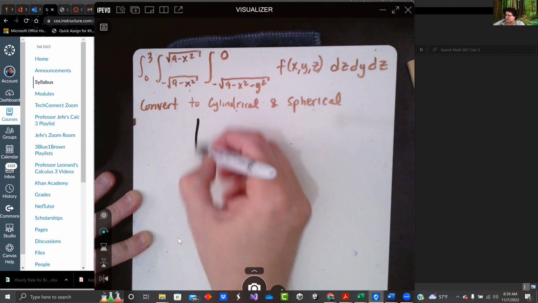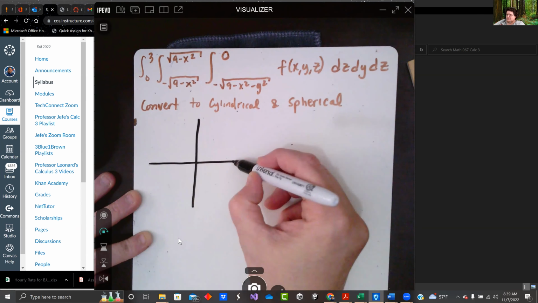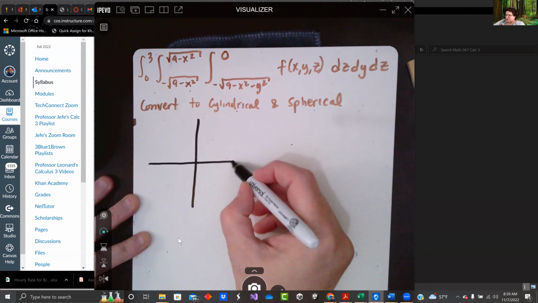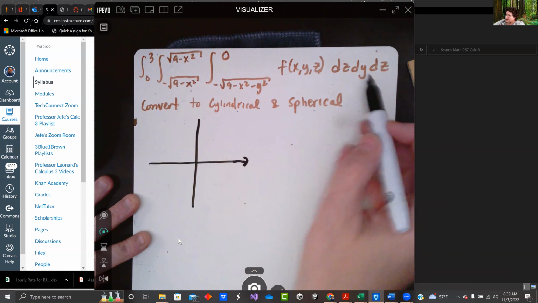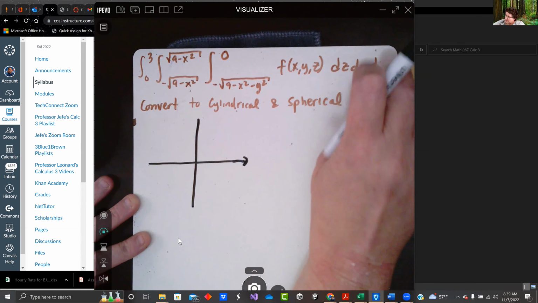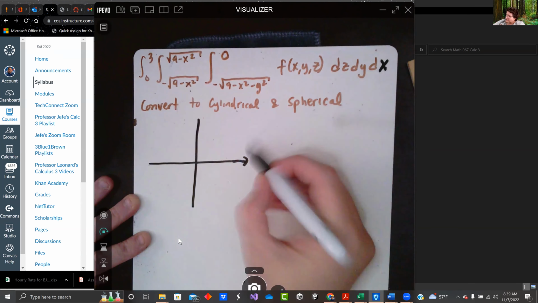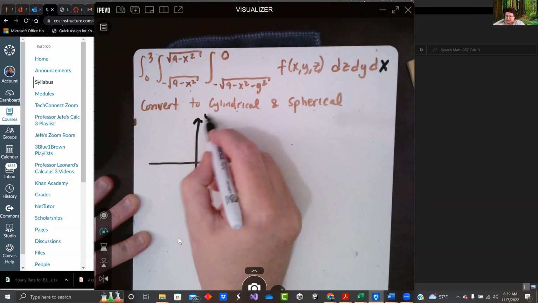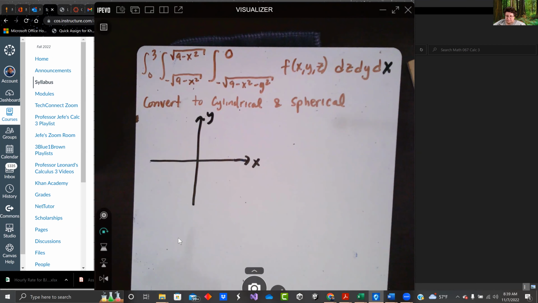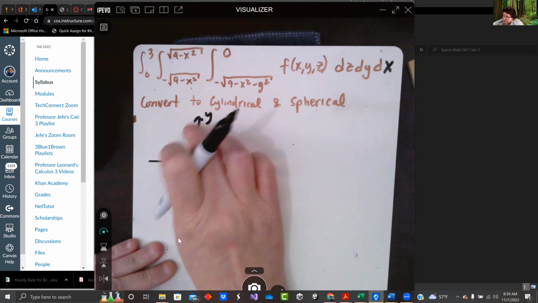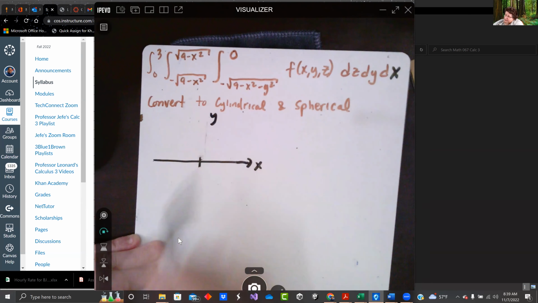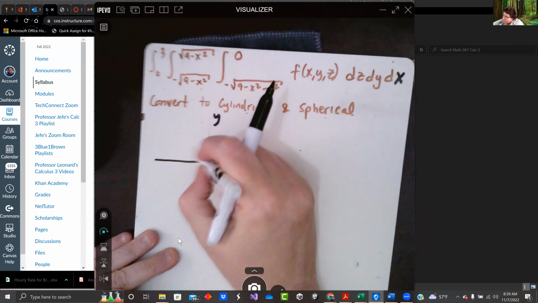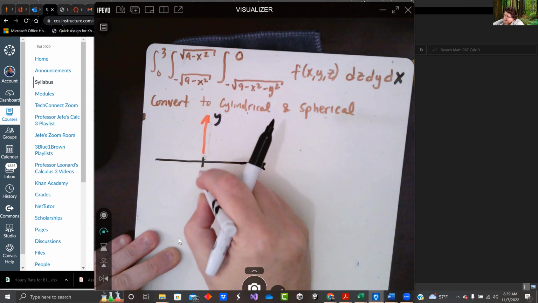In 2D, the outside one, 0 to 3 along the outside, that should say x. Along the outside I am going from 1, 2, 3, 0 to 3. Maybe I'll change the black to orange to represent the field I'm working with.